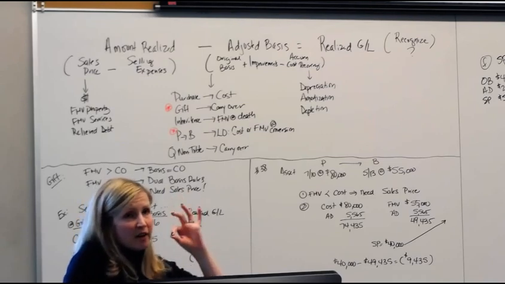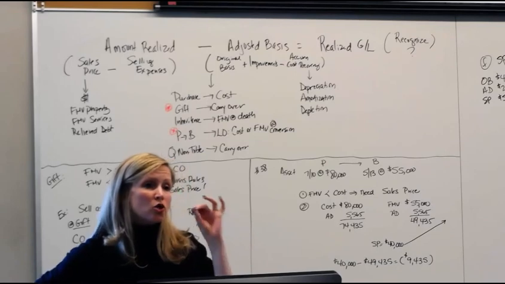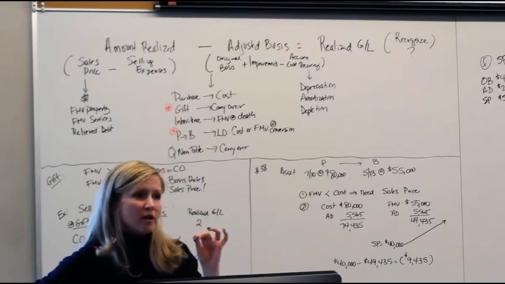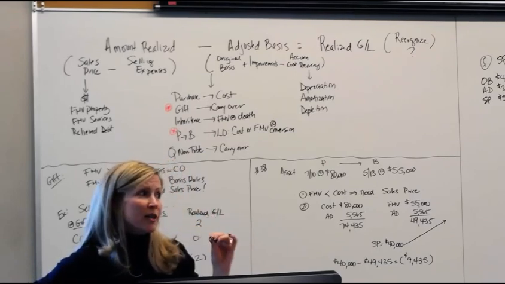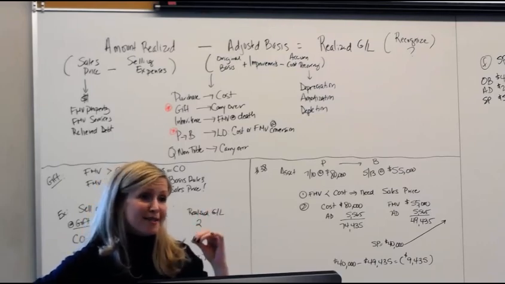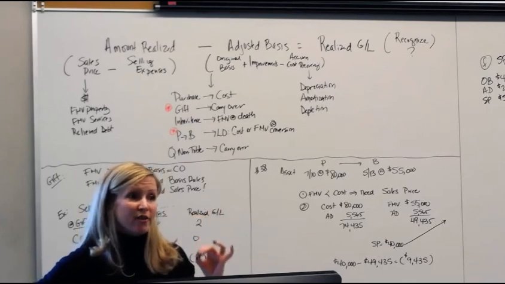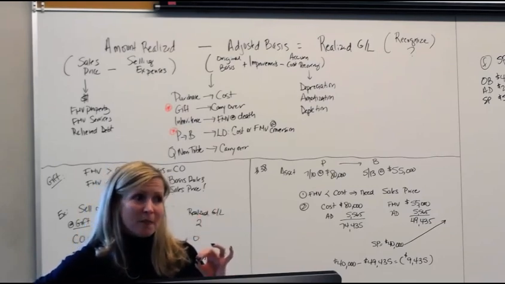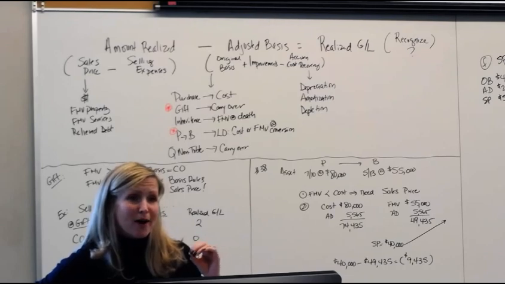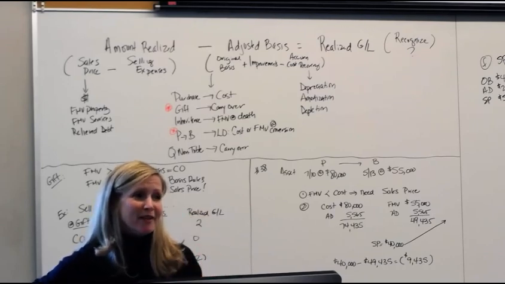It's got a very, very narrow application. So do not worry about 1250 recapture. Do not confuse this with unrecaptured 1250. That is important. We are very worried about unrecaptured 1250. Guys, I couldn't make this up if I tried, really.